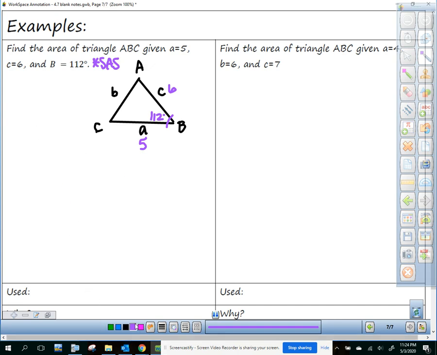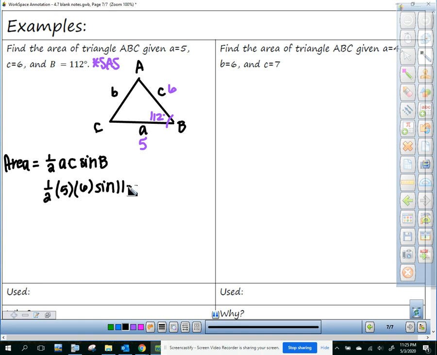So the formula is 1/2, and then you have to decide which two side lengths and angle am I using? Well, the given ones. So the side lengths that I know are A and C, and the angle that I know is B. So that's going to be 1/2 times 5 times 6 times sine of 112.